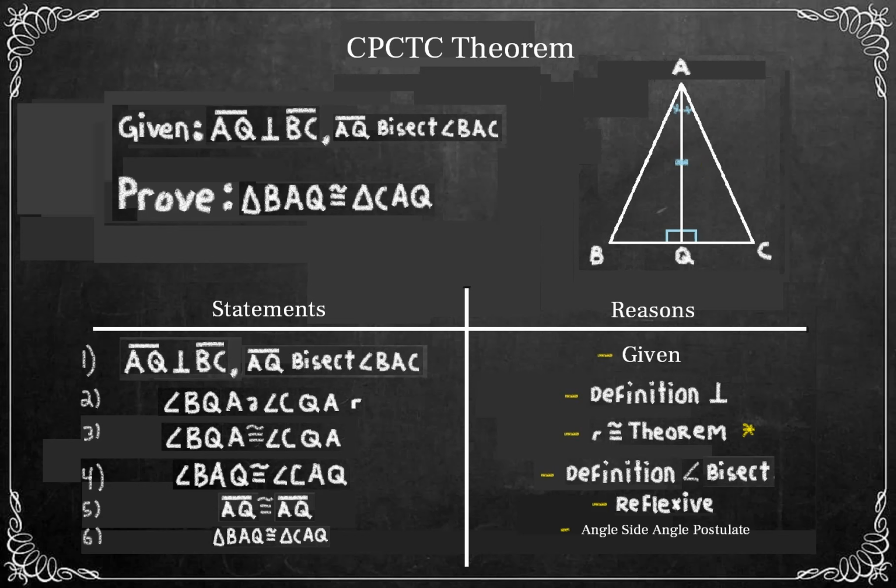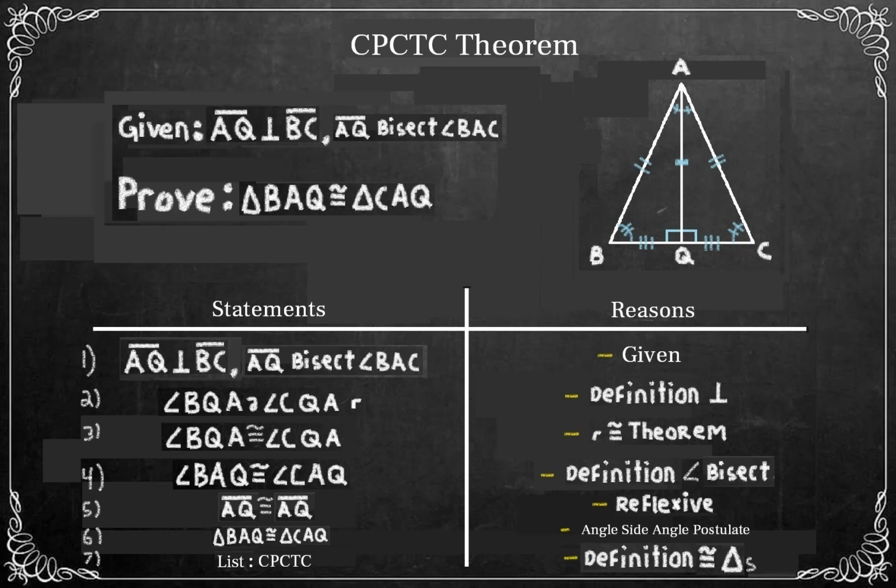We're almost done. We have triangle BAQ is congruent with triangle CAQ. By the statements and reasons of 3, 4, and 5, the reason we can refer to the angle-side-angle postulate upon proving two triangles are congruent.